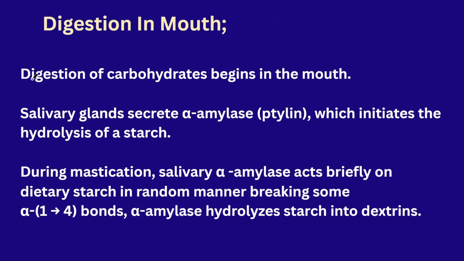First, we will understand the digestion in the mouth. Carbohydrates are digested in the mouth by the enzyme called alpha amylase. Our mouth contains the salivary glands. These glands produce saliva. The saliva contains alpha amylase, a type of enzyme.